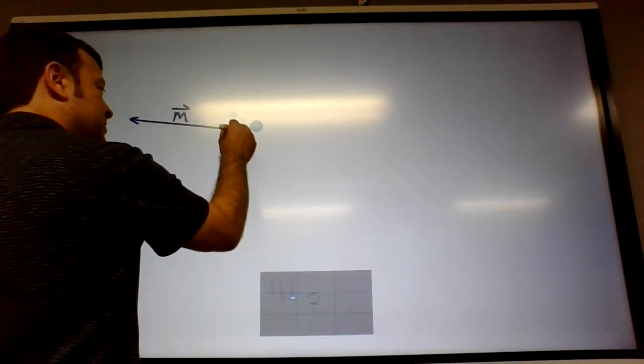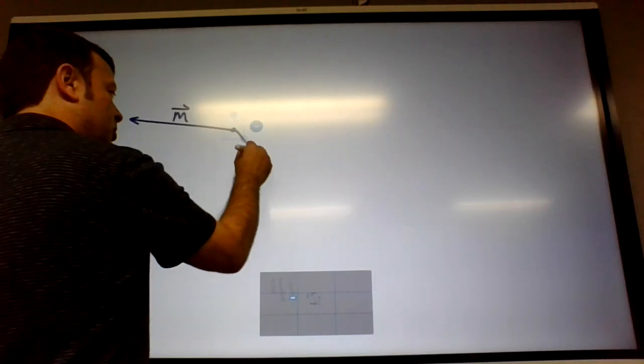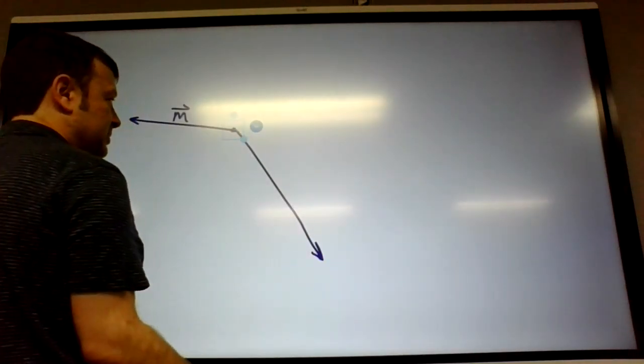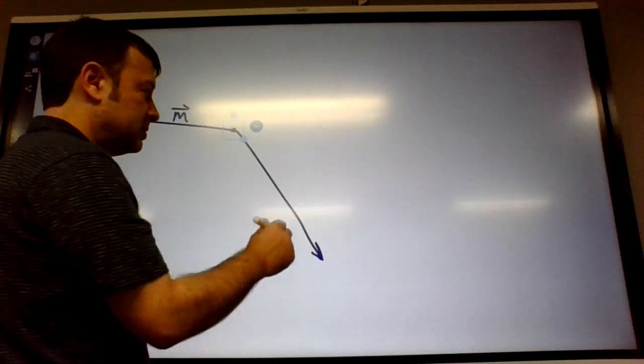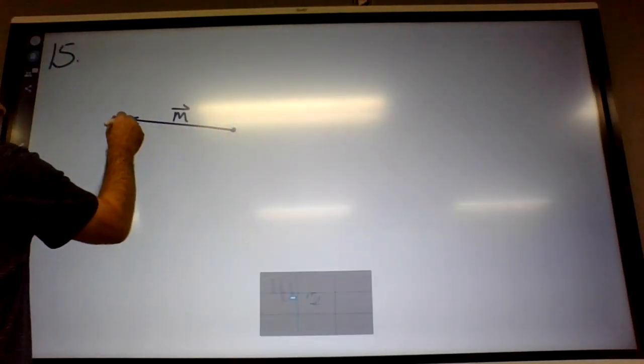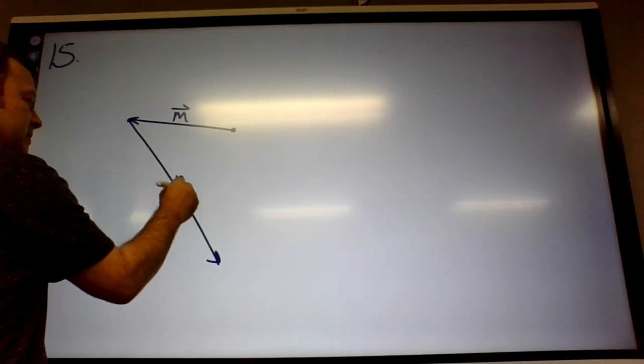So they started it at the end of M, 12 to the right and 16 down. It's more down than right, and it's kind of long compared to M. Actually, it's even longer than that.